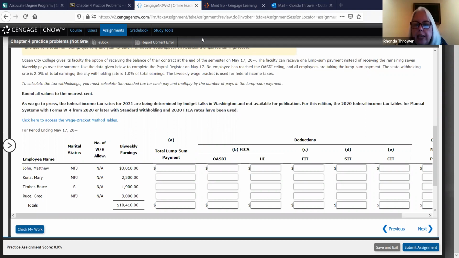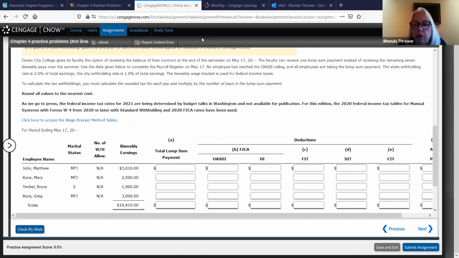My FIT tax is done the same way, except we're going to have to figure out what one pay period is for the federal income tax. To do that, we're going to have to look at our table to calculate the one amount of tax for the federal income tax.